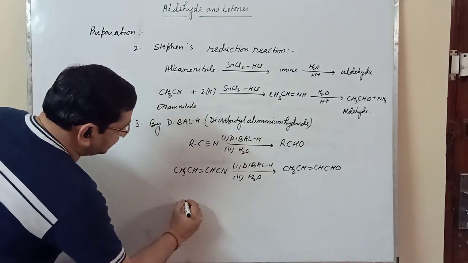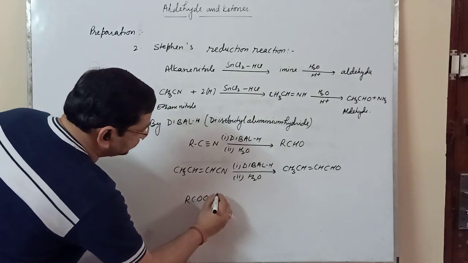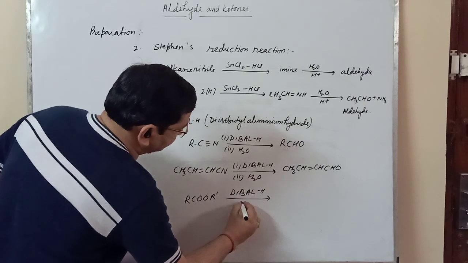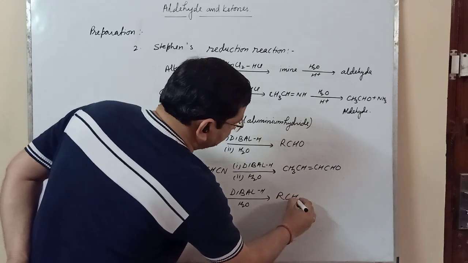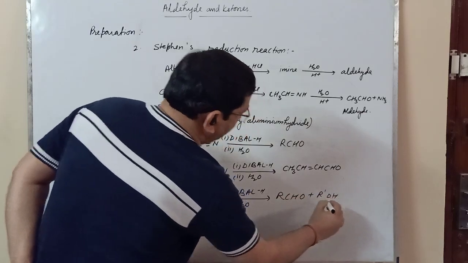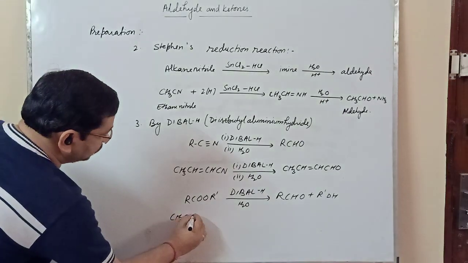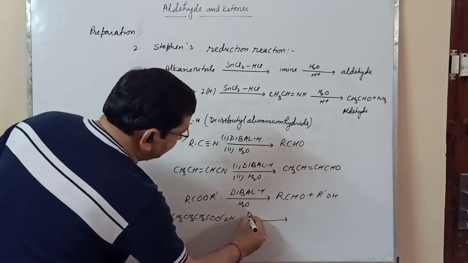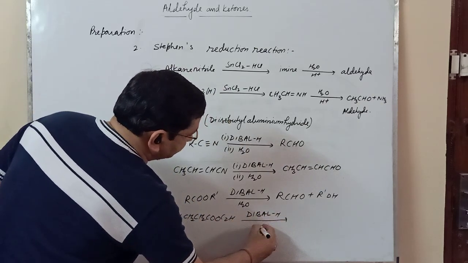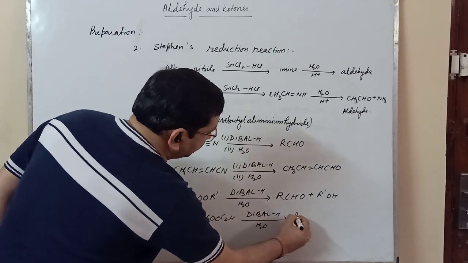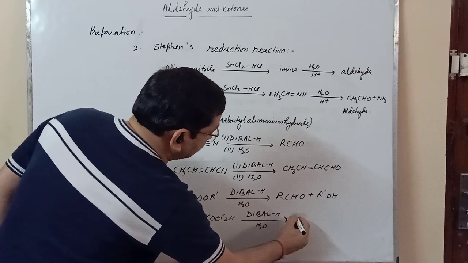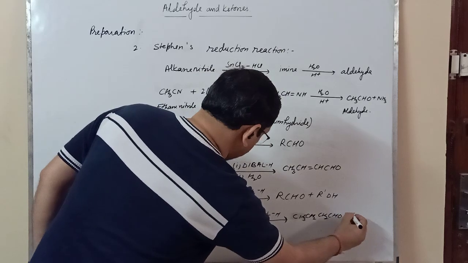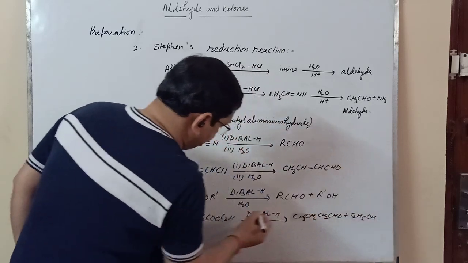Another important point, esters can also be converted into aldehyde by DIBAL-H. Like this, esters like CH3CH2CH2COOC2H5 on reduction with DIBAL-H will give CH3CH2CH2CHO plus C2H5OH.